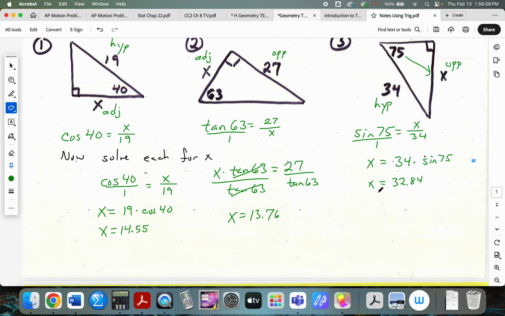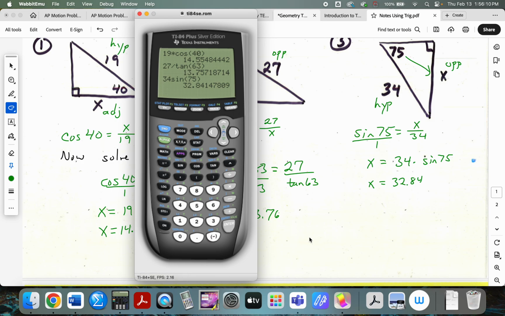Before we go on to the next page, let me just show you real quick, if everyone will watch for a moment. Why is it better to put the 34 first? Yeah. If you do sine 75 and you forget to close it and you do times 34, it's going to give you a completely different number.